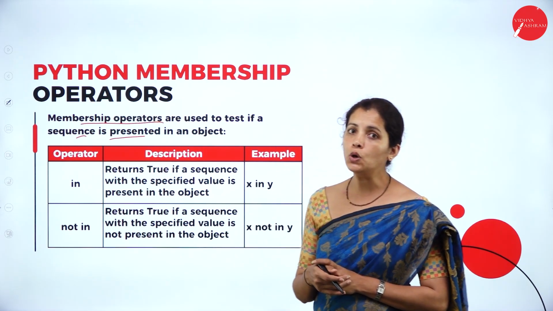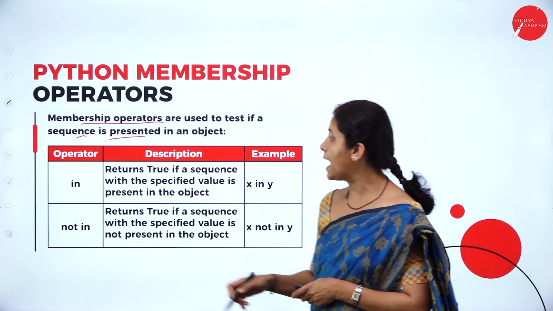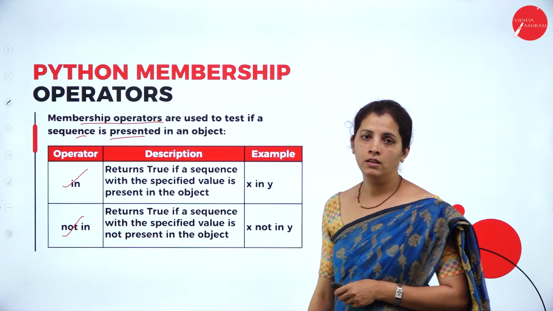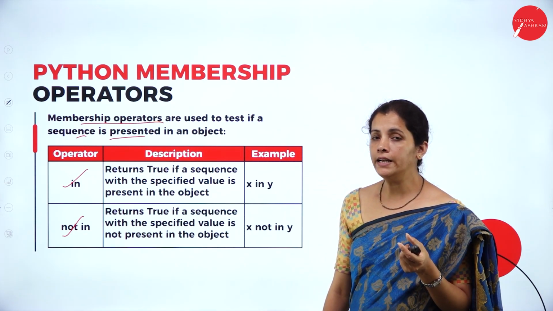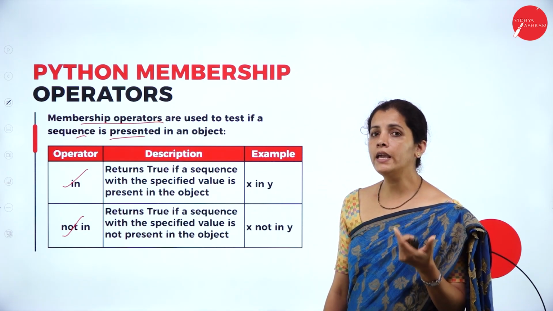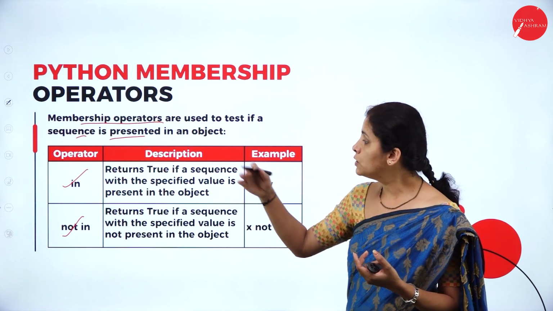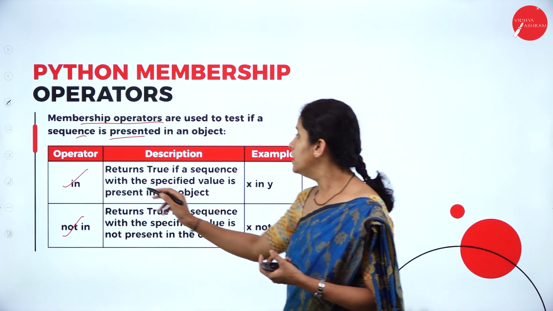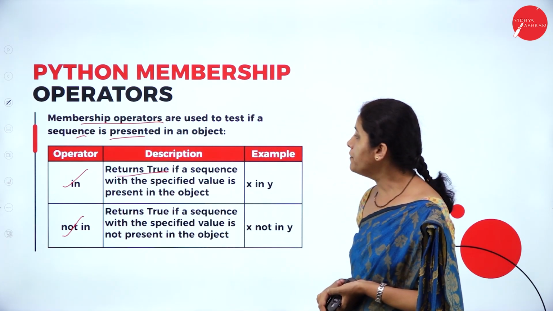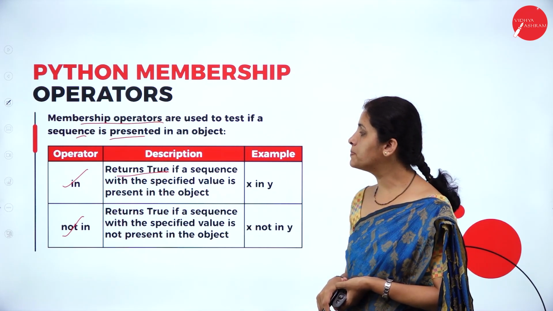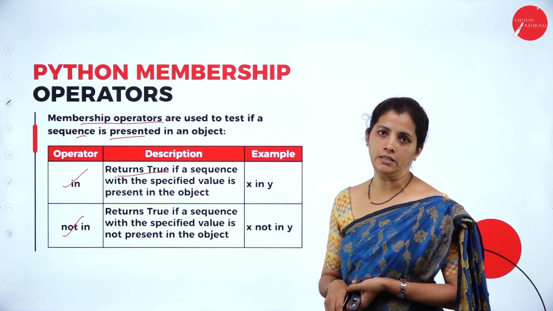So which are the two membership operators we have? That is in and not in. If I consider identity operators, is, is not. Membership: in, not in. It returns true if a sequence with the specified value is present in the object.